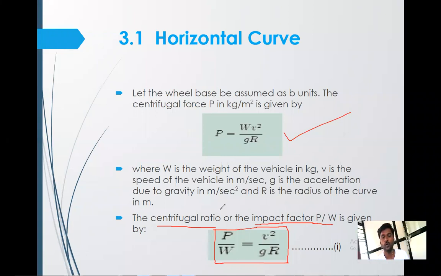Centrifugal ratio or the impact factor is equal to P by W, which is equal to V square upon gR. This is a very important formula. Everyone must write this formula.